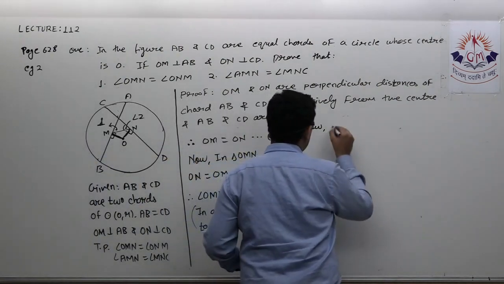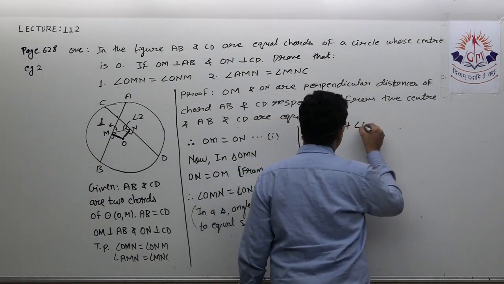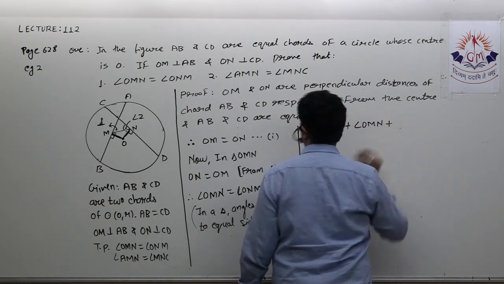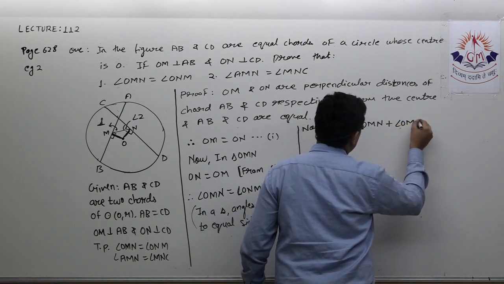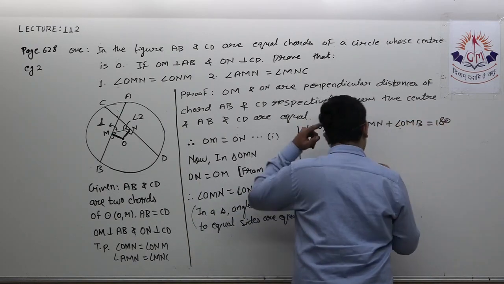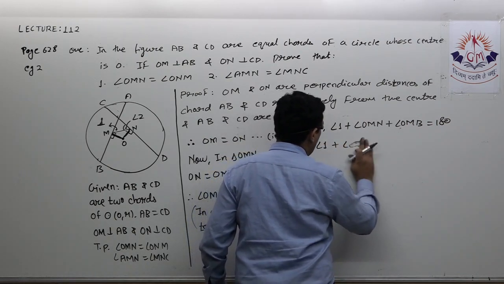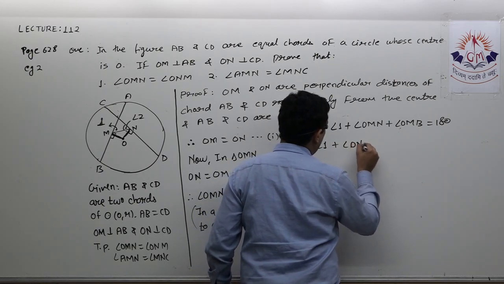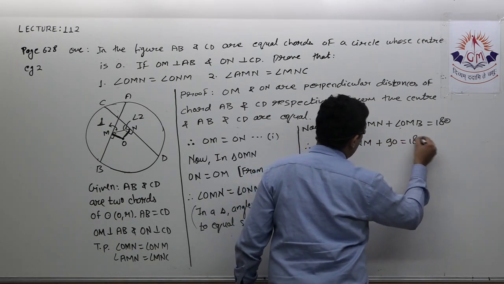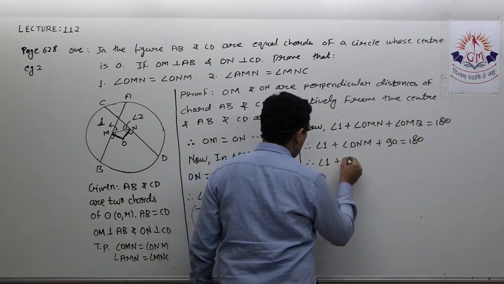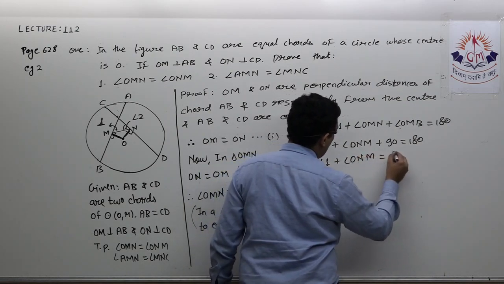Now angle 1 plus angle OMN plus angle OMB is equal to 180 degrees. Therefore, angle 1 plus angle ONM plus 90 is equal to 180. Therefore, angle 1 plus angle ONM is equal to 90.